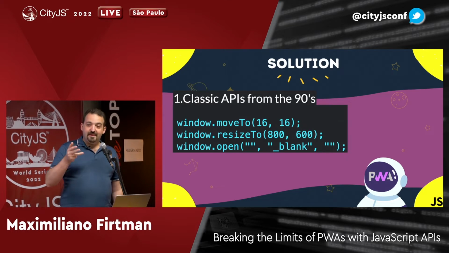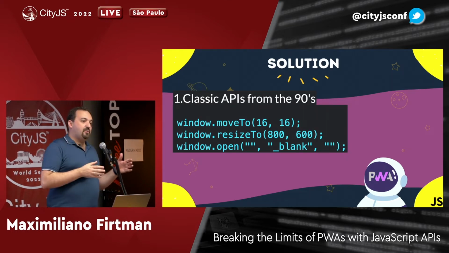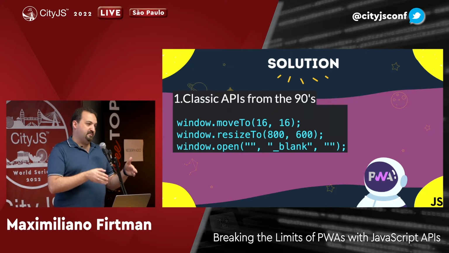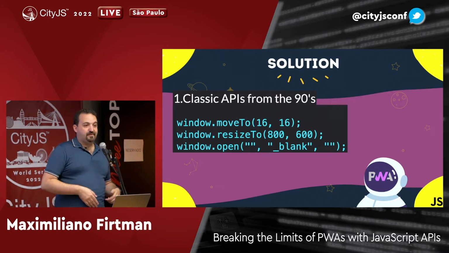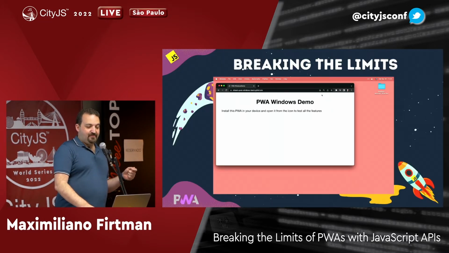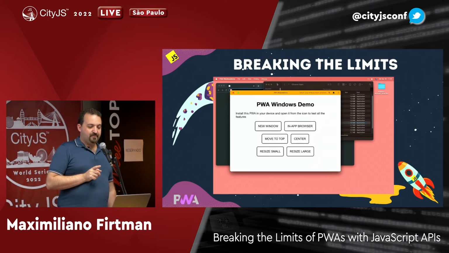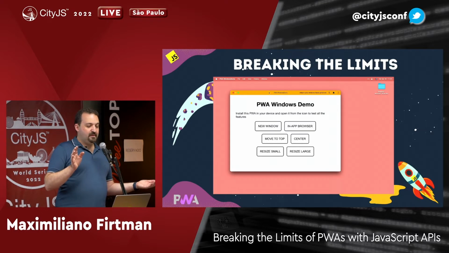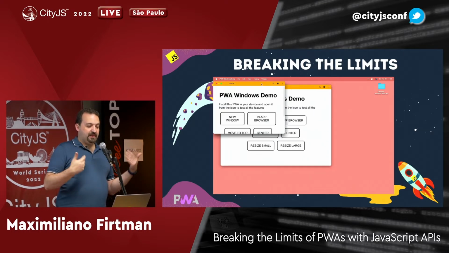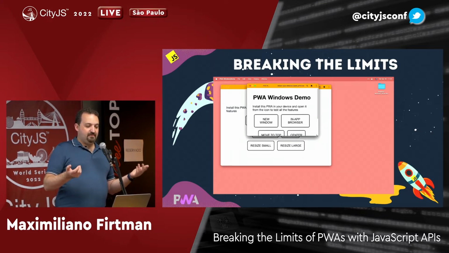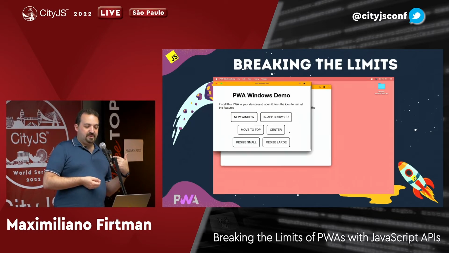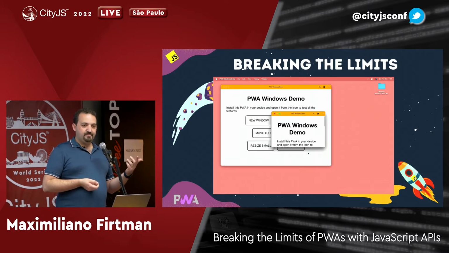Okay, so when you use these APIs now, when you are creating progressive web apps, and those progressive web apps are installed by the user on a desktop operating system, you get the nice experience. So in this case, I'm in the browser, so I'm going to install the app. After the app is installed, it has its own window. And now from JavaScript, you can open new windows. You can resize those windows just with JavaScript. You can move those windows, okay, and so on.